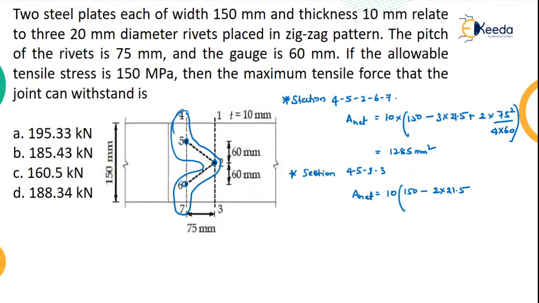Again, plus 75 squared by 4 times 60, there's only one pitch and one gauge which we have to consider. We don't have to multiply this twice.